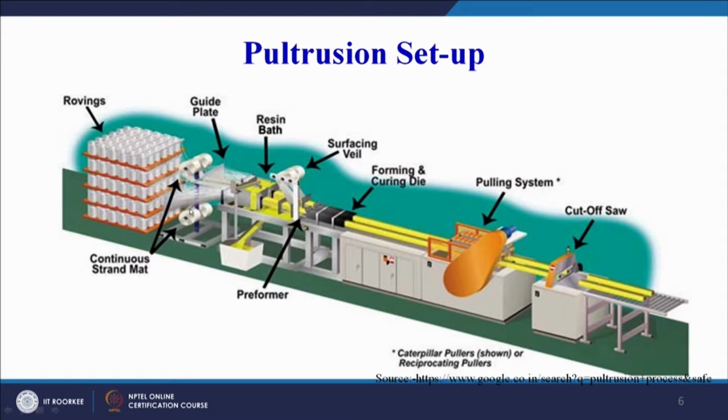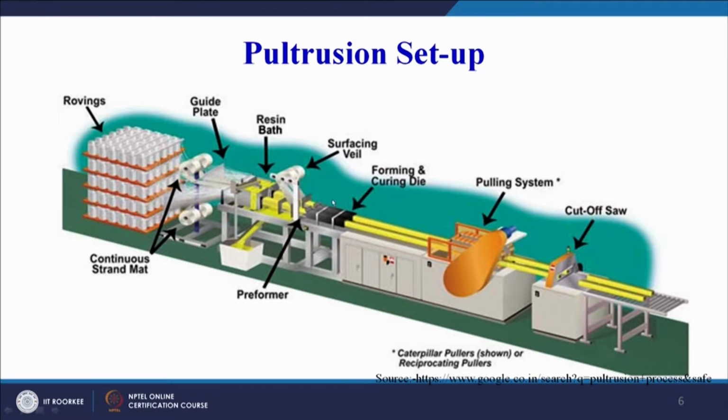We can see a large array of fibers coming from individual rovings, and finally they are being guided by the guide plate into the resin bath. This yellow color resin tank is providing the resin. So the fibers will get wet in this resin, or they will get impregnated with the resin, and finally they will move forward.